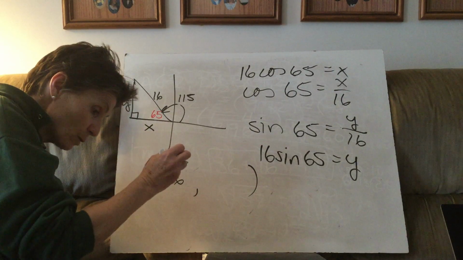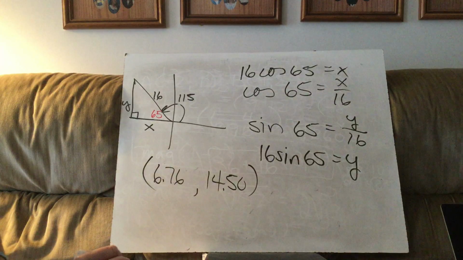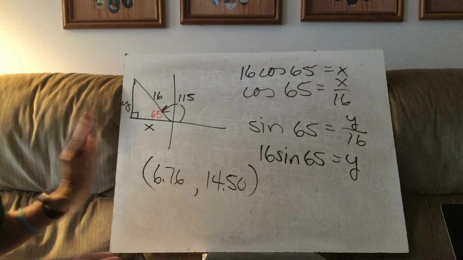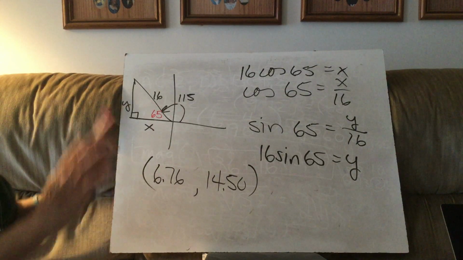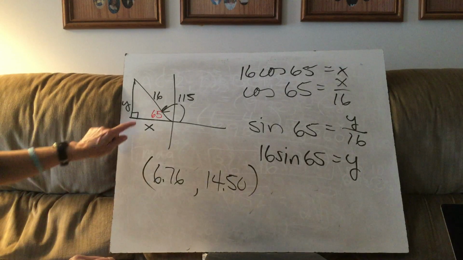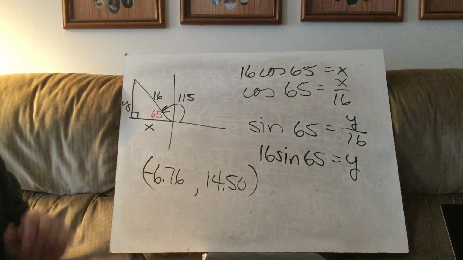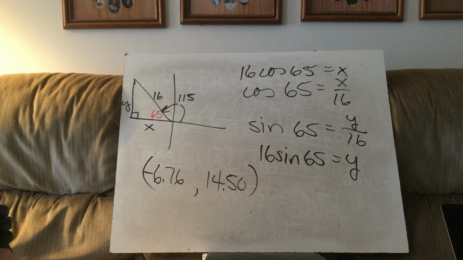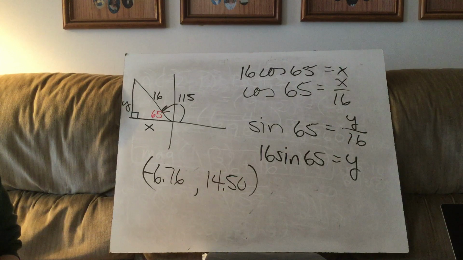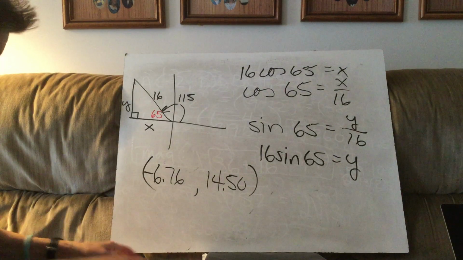For y, I got 14.50. Now, if I do it this way, which is the way we've been doing it, and it's consistent, and it's absolutely fine and beautiful, you do have to pay attention to something. See this x right here? He has to be made negative because he's in the second quadrant. Here are the components of that vector.